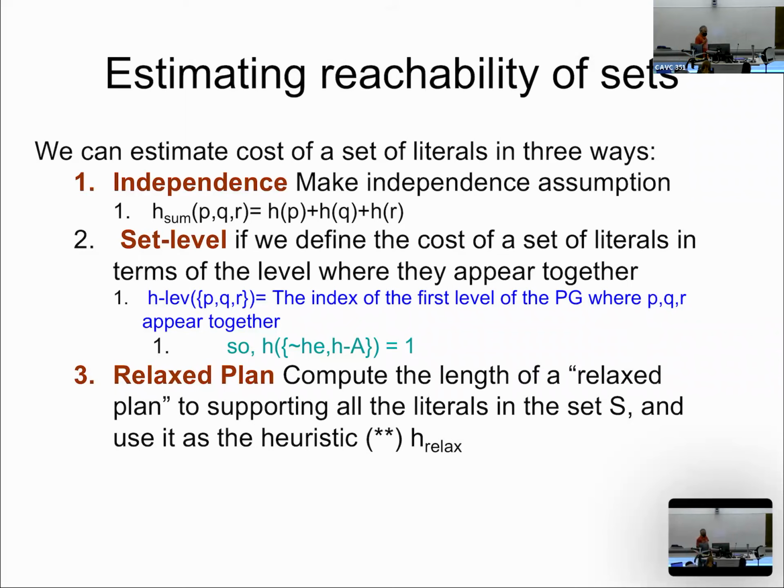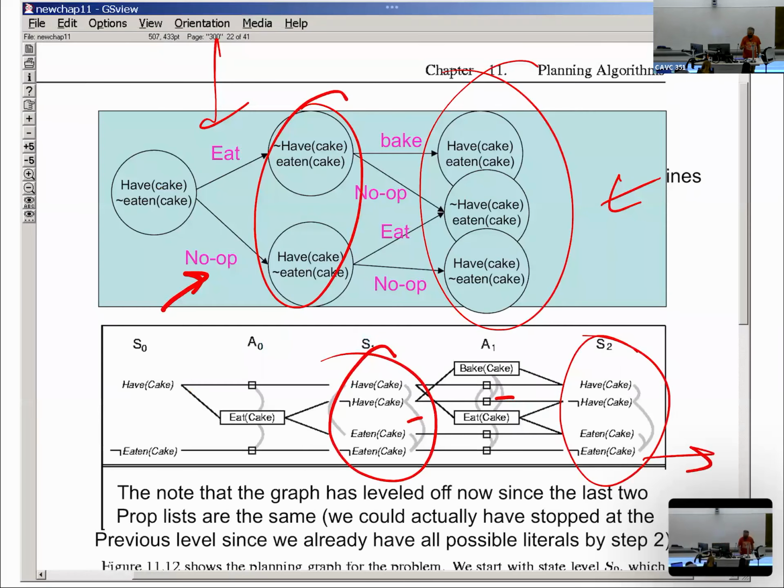Now it turns out, because of the structure of this graph, it has a tenure system. If a condition P comes into the proposition list here, will it ever go away in the next proposition level? No. This is what's called tenure.